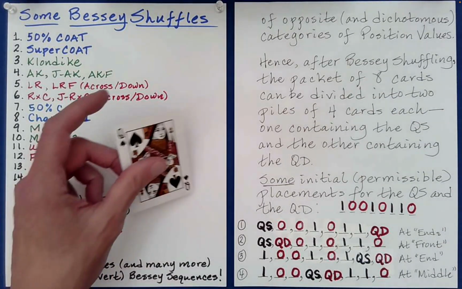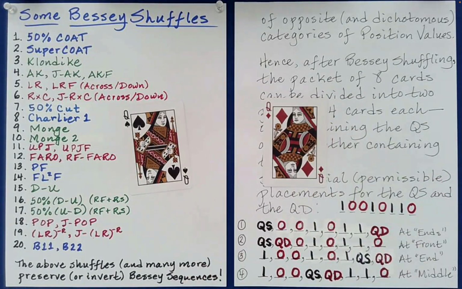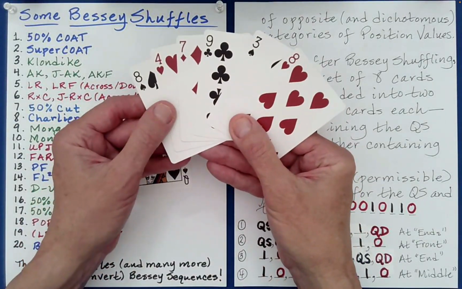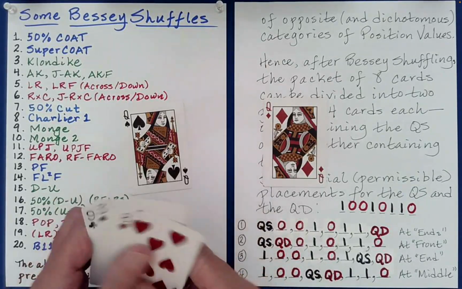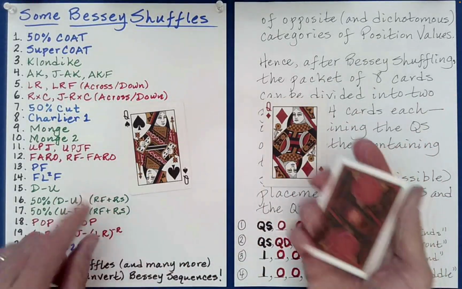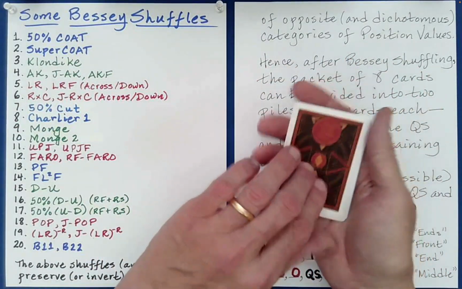So here we have the Queen of Spades and the Queen of Diamonds, as mentioned. And then I will simply choose 6 indifferent random cards from the rest of the deck. So here we go. And now we're going to place the Queen of Spades and the Queen of Diamonds on top.